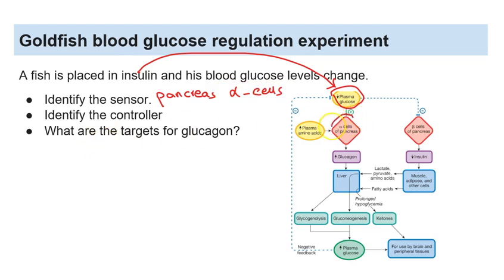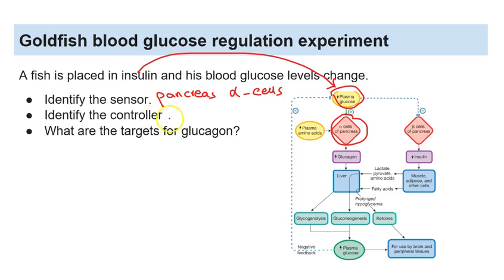These alpha cells can detect that the plasma glucose level has changed, and they are also the controller because they produce and release the hormone to regulate the blood glucose level.